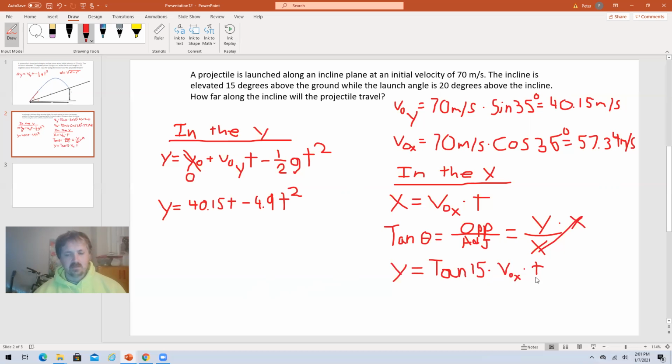All right, so let me plug some numbers into here and simplify this as much as possible. v naught x, we already know, is 57.34 meters per second.